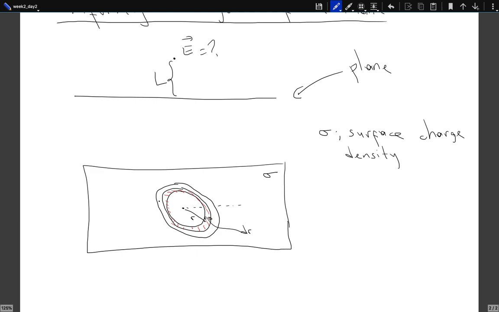So we define the surface charge density similar to the linear charge density. You just imagine some area, and if that area has a total charge Q, then sigma is just Q over A. Since it is uniform, by saying that it's a uniformly distributed charge distribution, what we are saying is that whatever area you imagine, whatever shape or position it can have, this ratio is always the same.